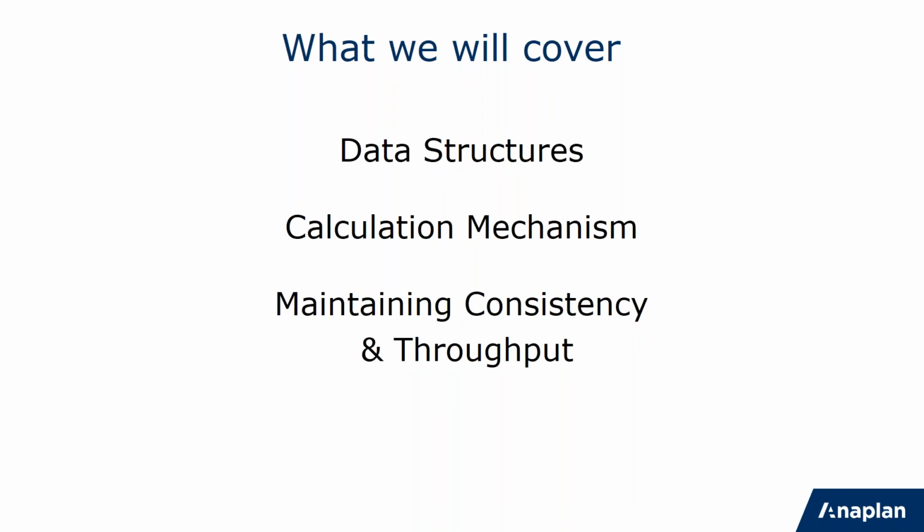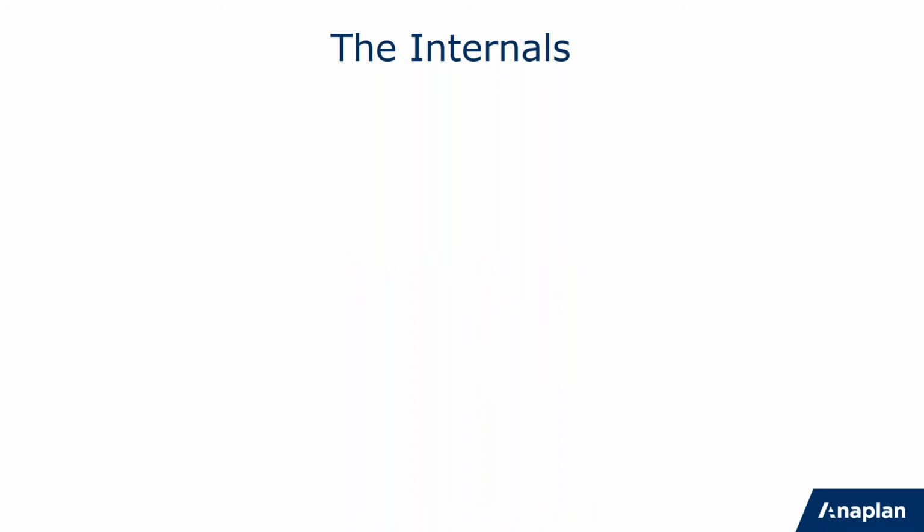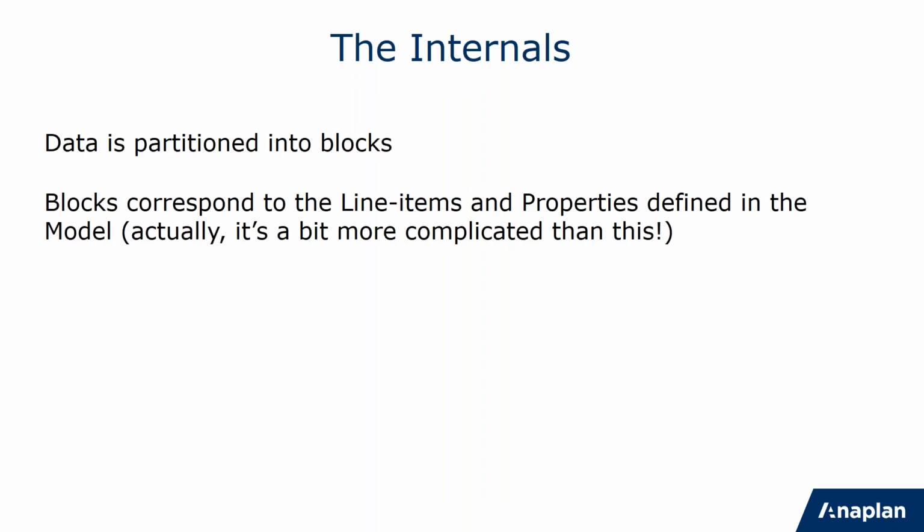Manage multiple users coming in and reading and writing at the same time and presenting consistent data to everyone, regardless of what anyone else is doing, while maintaining a reasonable throughput of change.